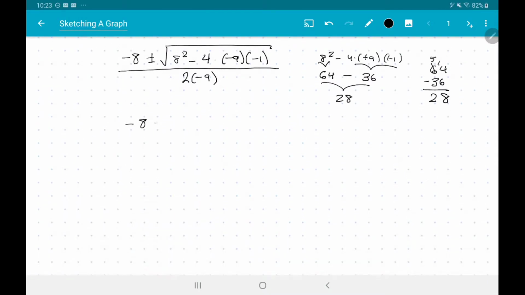So everything under the square root evaluates to 28. So I have negative 8 plus or minus the square root of 28 over 2 times negative 9, and well, 2 times negative 9 is negative 18.